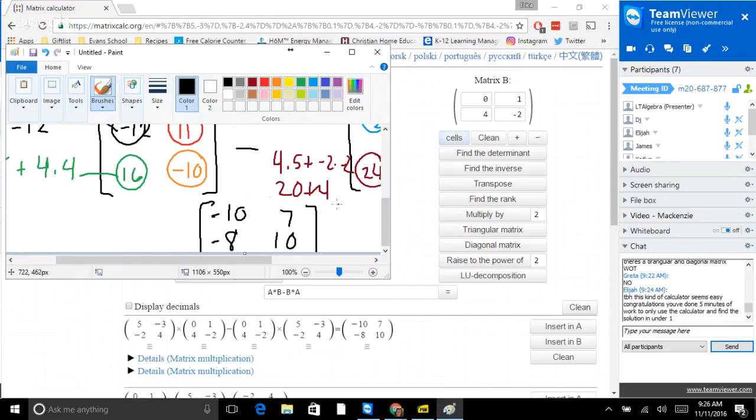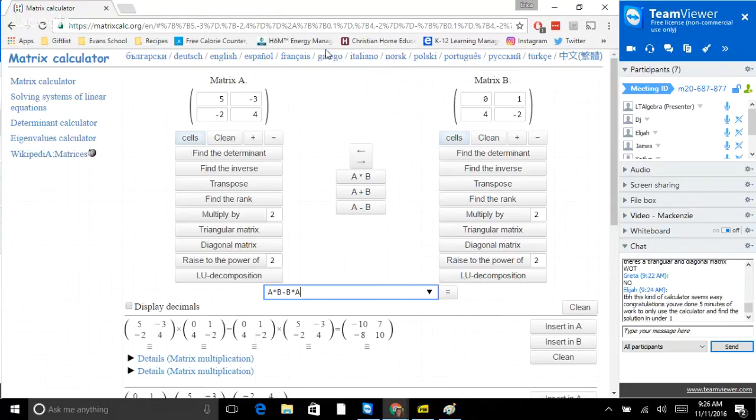So that is 3.6, and that is a little bit of an introduction to a matrix calculator and how that can be powerful. Anybody have any questions about that?